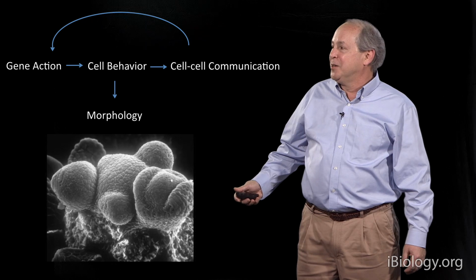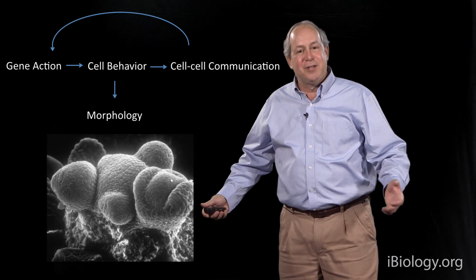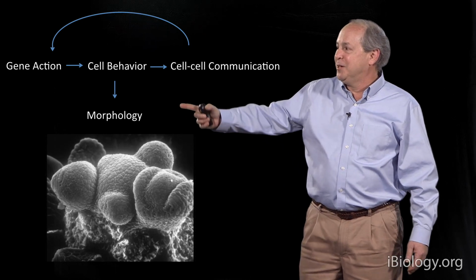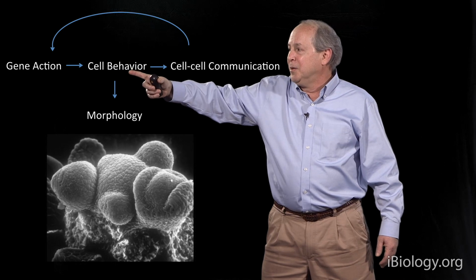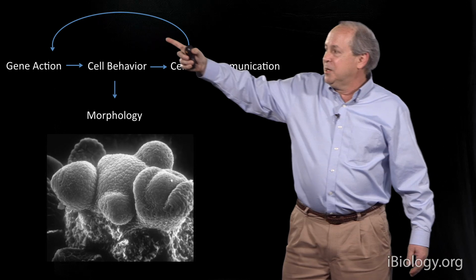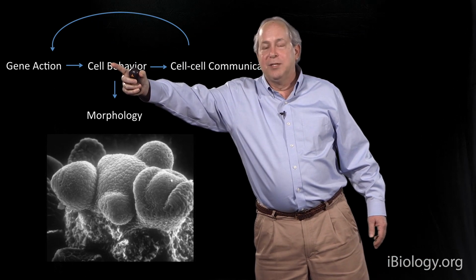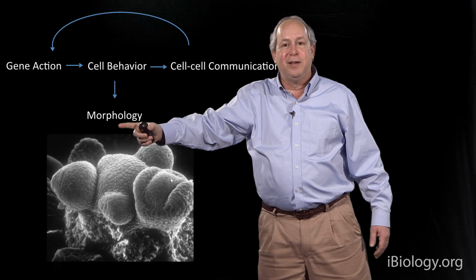So let's summarize. We started at the beginning of this talk with a standard textbook view of developmental biology, where gene action causes changes in cell behavior. Among those cell behaviors is cell-cell communication in a tissue, and that cell-cell communication feeds back to gene action. And this loop creates morphology through other cell behaviors.